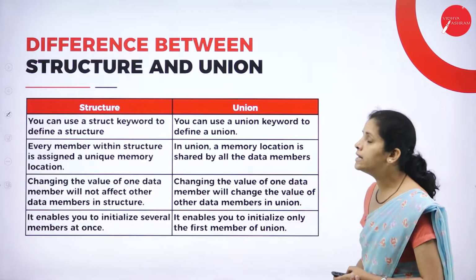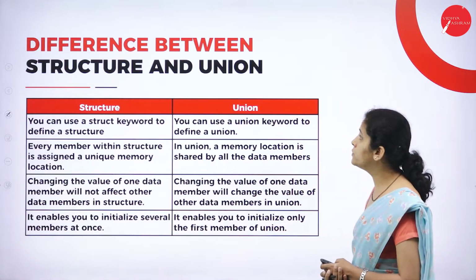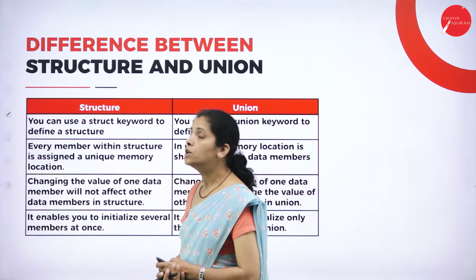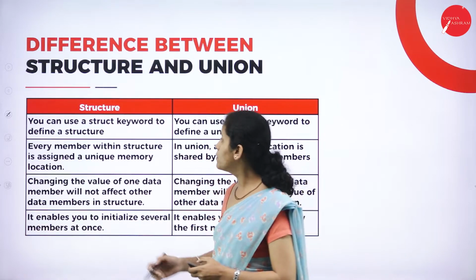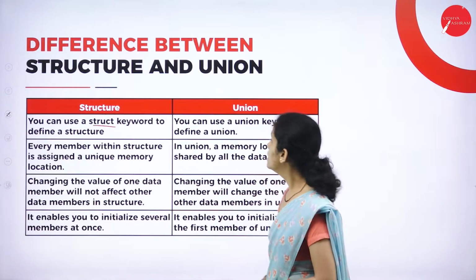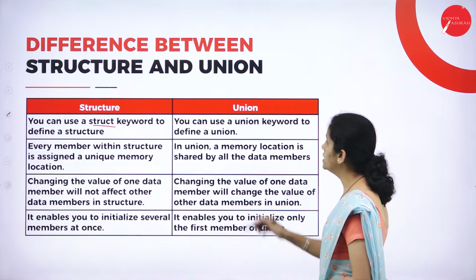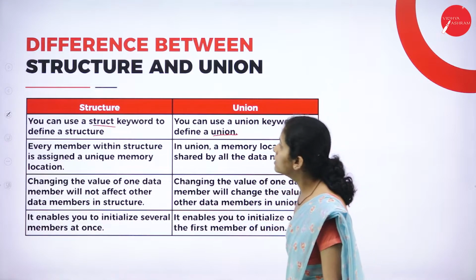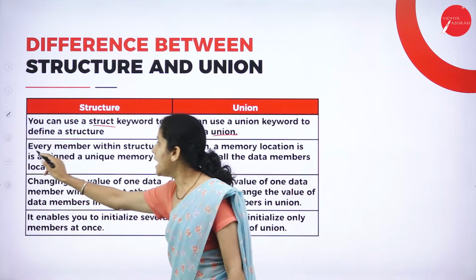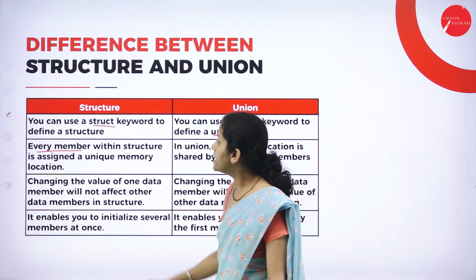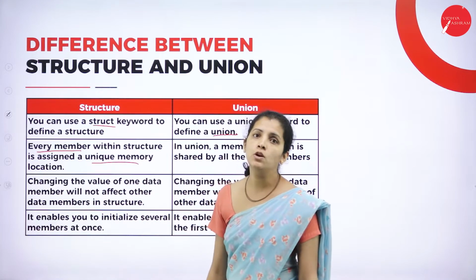Now, dear student, let's look at the difference between structure and union. To create a structure, I use the struct keyword, and if I want to create a union, I use the union keyword. If I go with structure, every member within the structure is assigned a unique memory location.